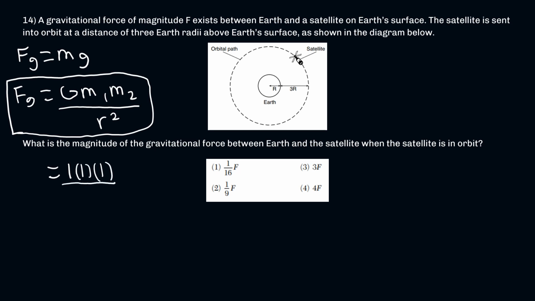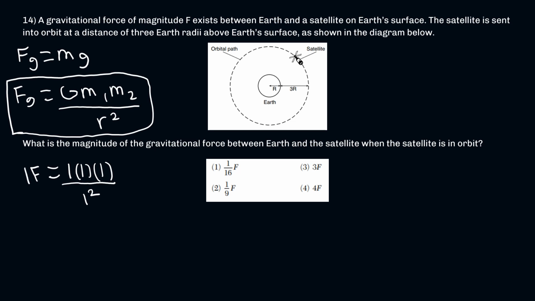And my original distance from the center of the Earth, which is where we always take these calculations, the center of the planet, is just 1 Earth radius. So we have 1 squared on the bottom. That's where we get our force F here. So that is the 1F that they give to us in the problem.